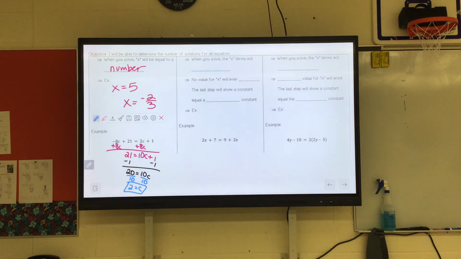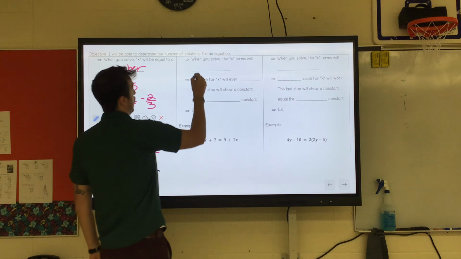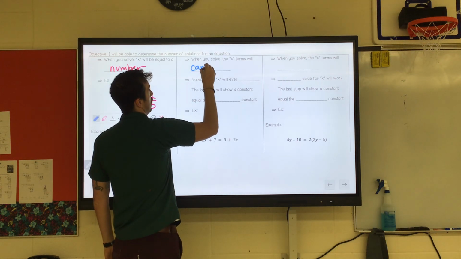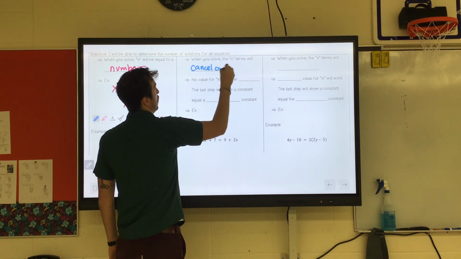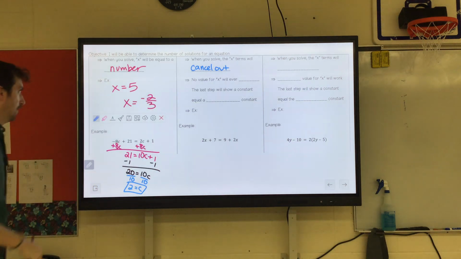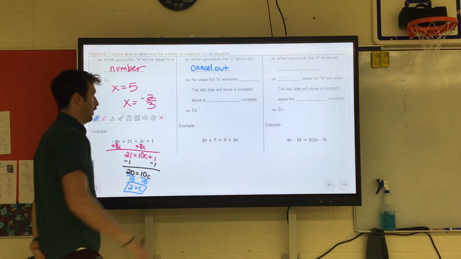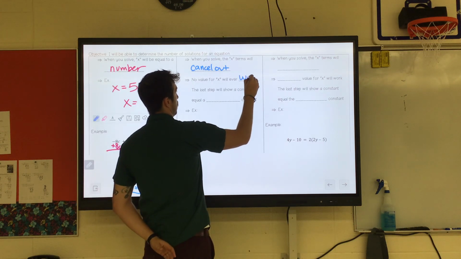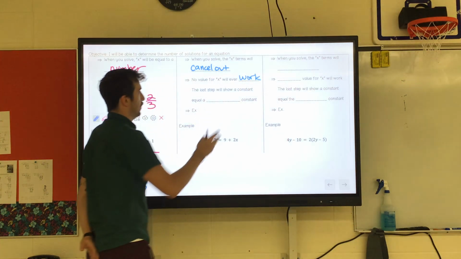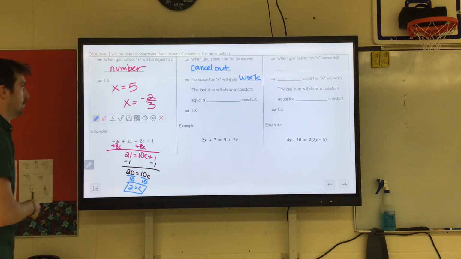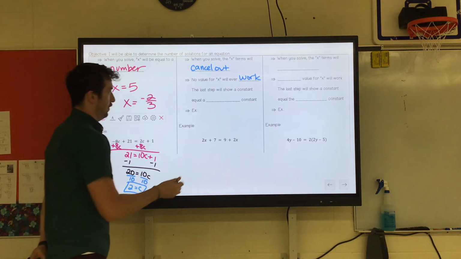Now on the second example, this is kind of like where it could get a little weird. When you solve, the x terms will cancel out. So, no value for x will ever work. The last step will show a constant equal to a different constant.